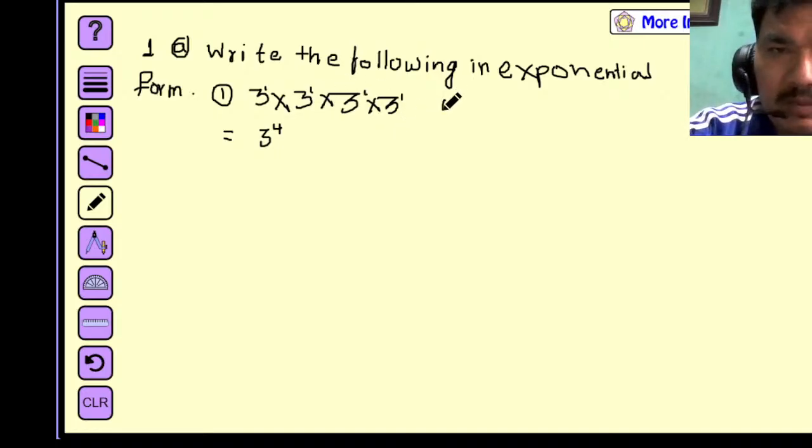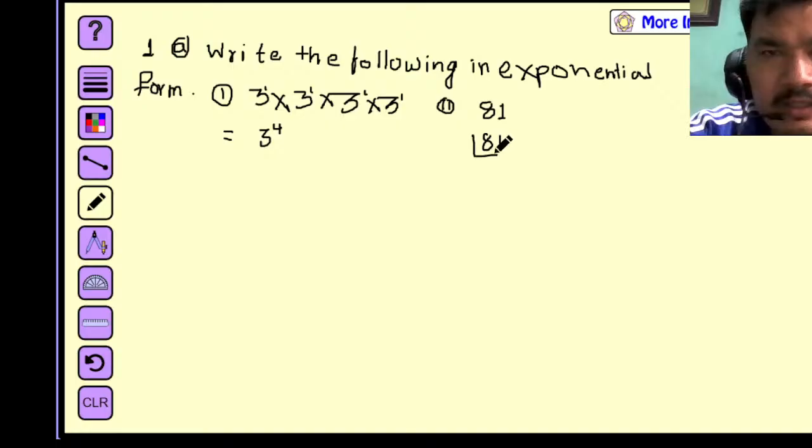Suppose a question like this is given: 81. For this question, look children, we have to factorize it. 81 is divisible by 3, 3 twenty-sevens is 81.